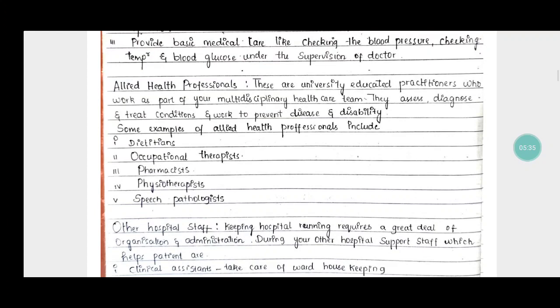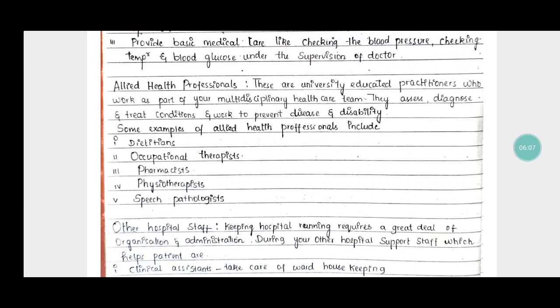So the allied health professionals, these are university educated practitioners who work as part of a multidisciplinary healthcare team. So they assess or diagnose, or they treat such a condition to prevent the disease and disability of the disease.